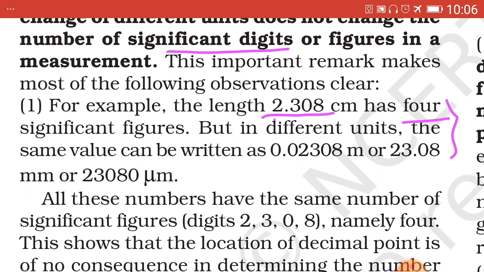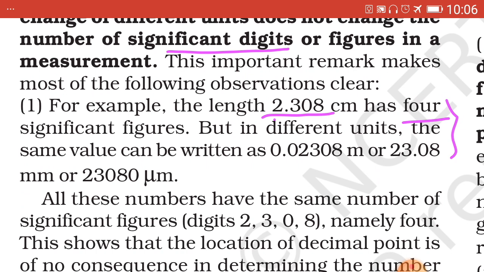So 6 minus 2 is equal to 4, so multiply by 10 raised to 4, that is equal to 23080 micrometer.